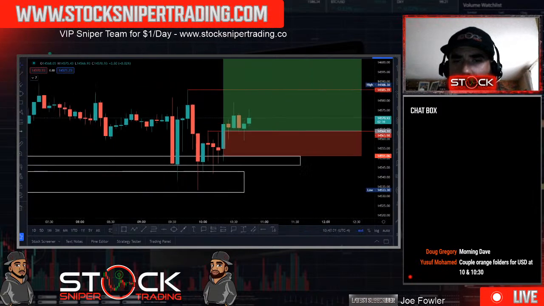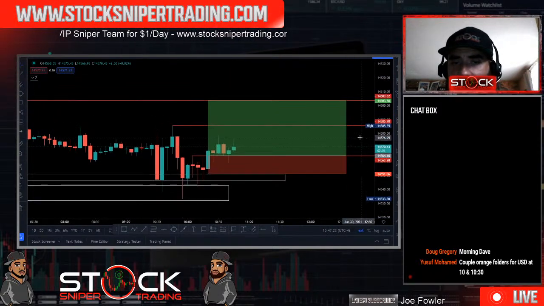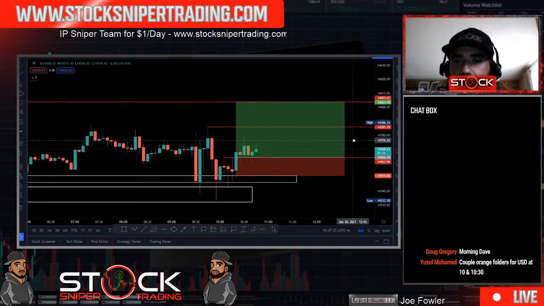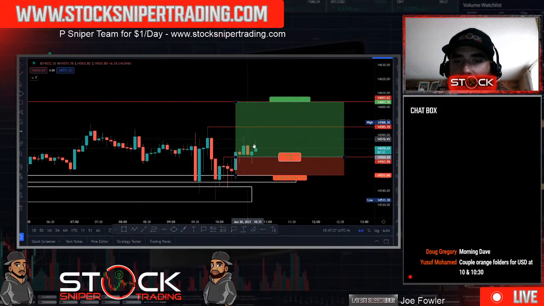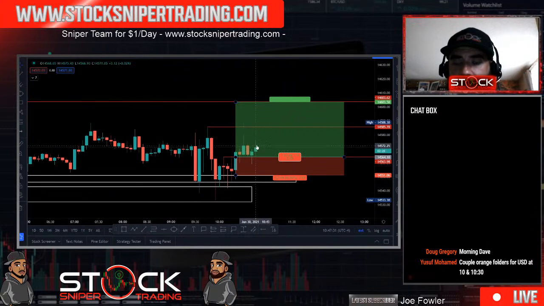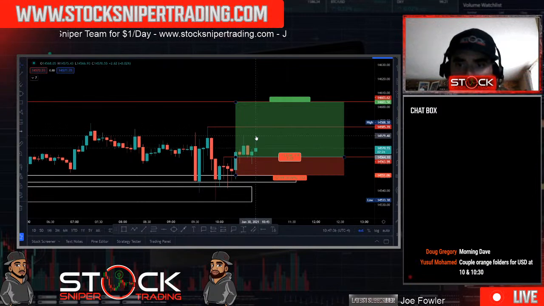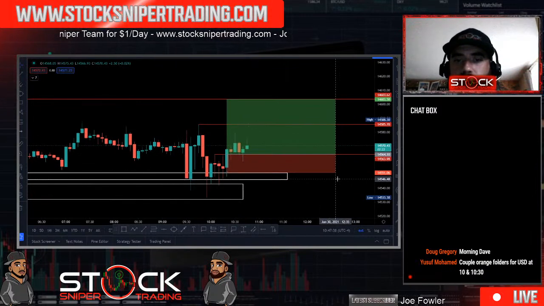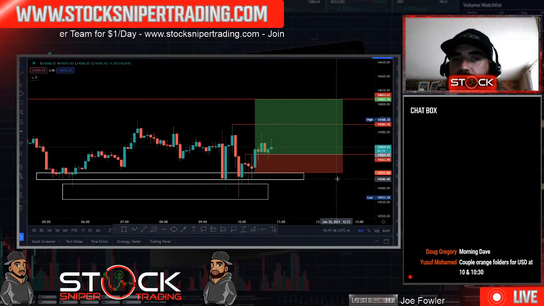NASDAQ is still hovering in TP area. But it needs to start challenging this wick up here. There was a lot of momentum here, a lot of selling, and then a lot of possible reversal to gain that momentum again. Two minutes left.